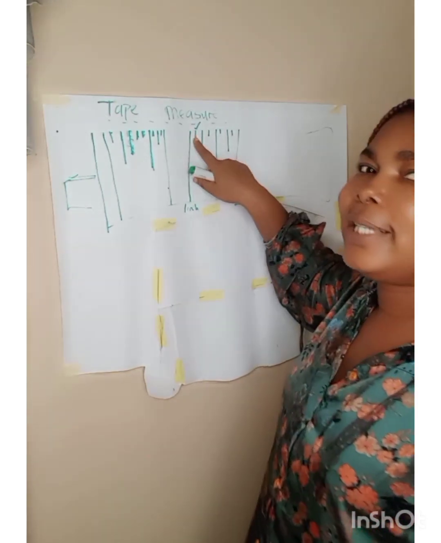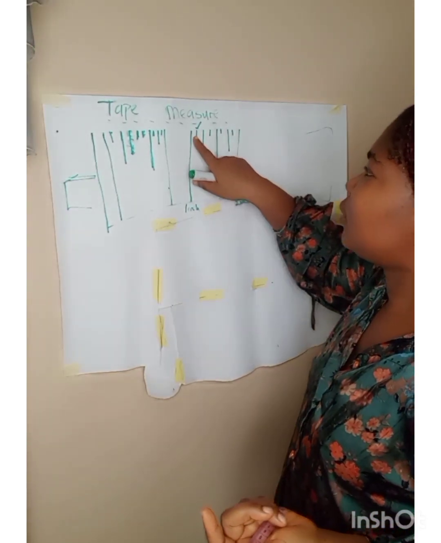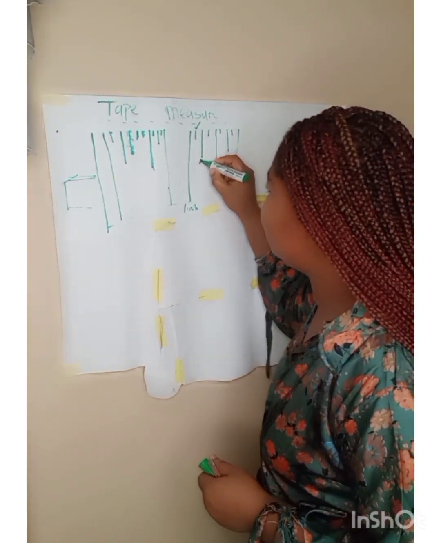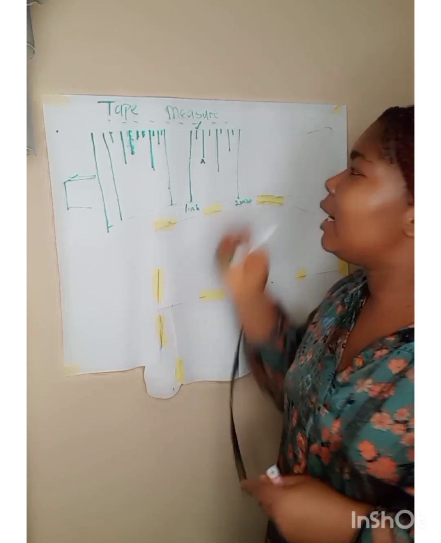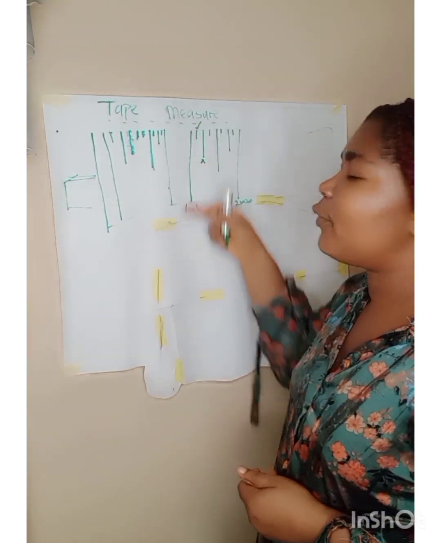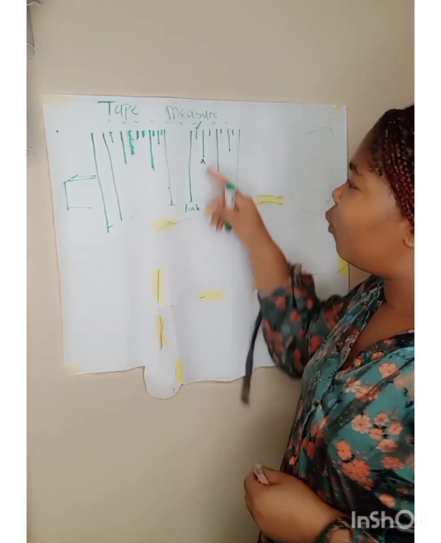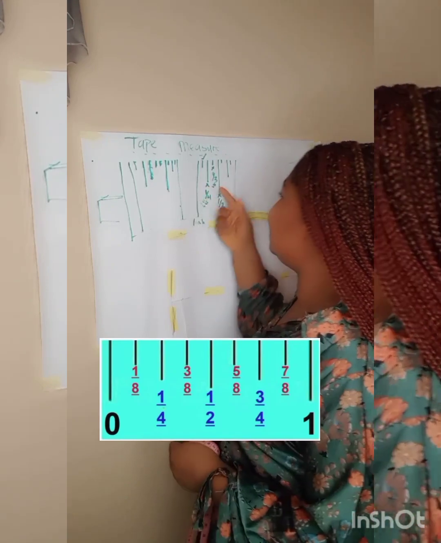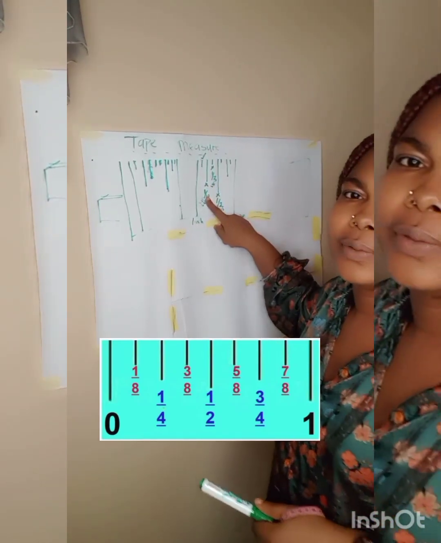So now when I say on the tape rule 1/4, this is what I'm referring to, which is 2 points away from the longest line. 2 points away from the longest line, 1/4.